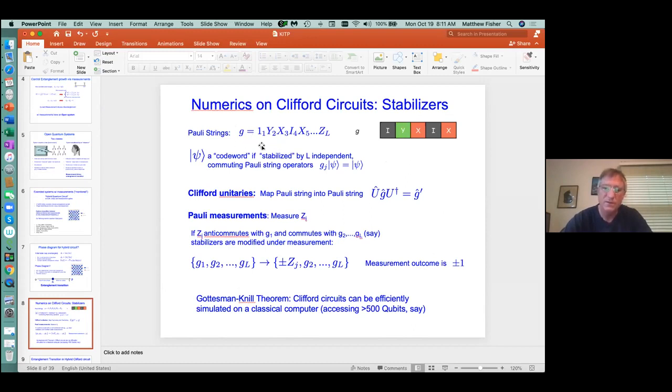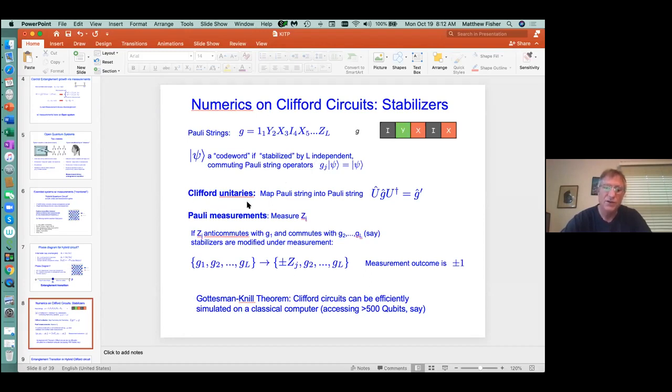In brief, a Clifford circuit can be described in terms of Pauli string operators, shown schematically here, labeled G. One defines the state psi as a code word state if it's stabilized by L independent commuting Pauli string operators, which are unit eigenvalue eigenvectors of the Pauli strings, of the stabilizers.